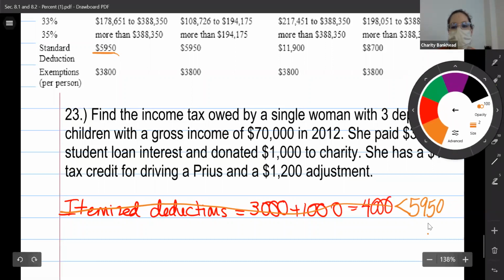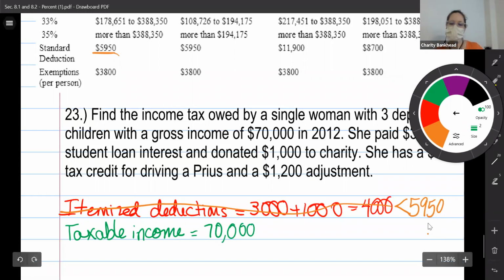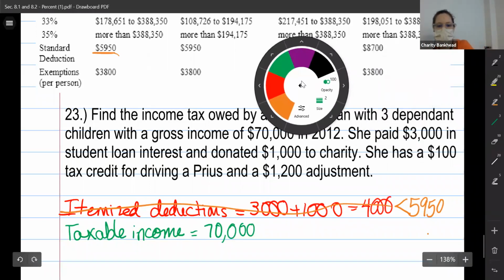Okay, so then we're going to calculate her taxable income. Her gross income was $70,000. So that's how much she got paid before any taxes or anything would be taken out. So we're going to subtract from that the standard deduction, which is $5,950.